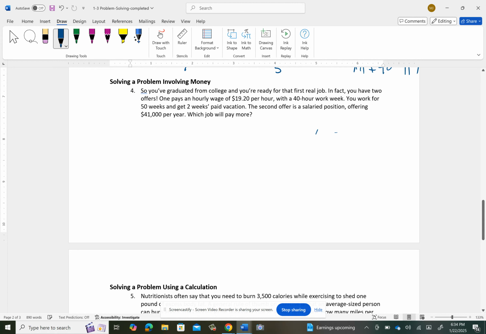So salaried is $41,000, done. Okay, and the other one is hourly, and you get paid $19.20 per hour. Okay, and so 40 times the 19.20 would give you 768, and that would be for 1 week.